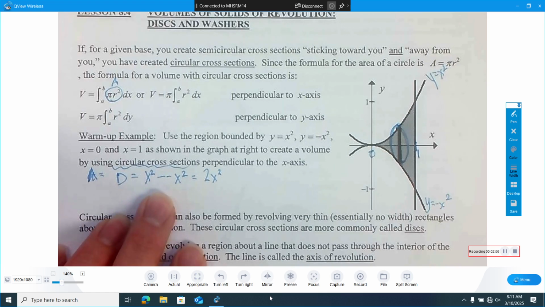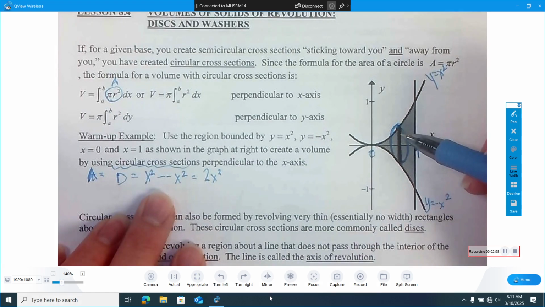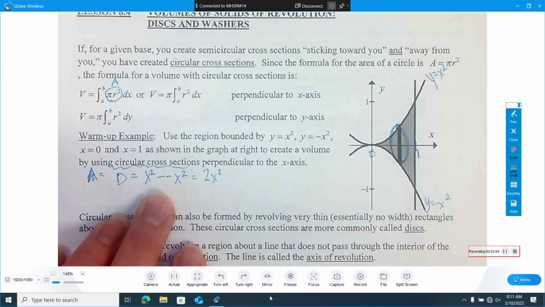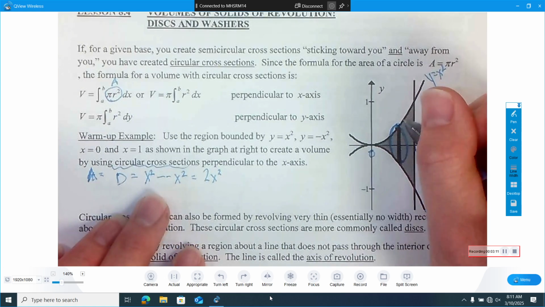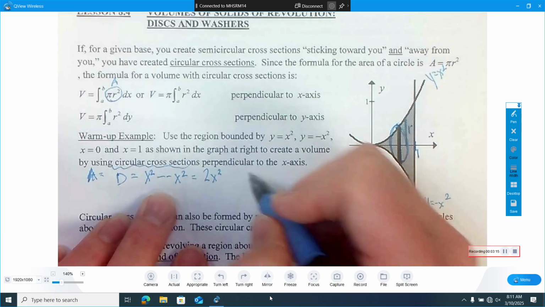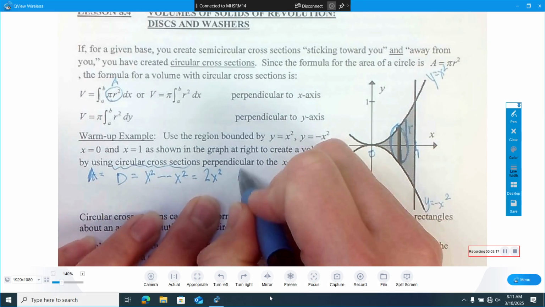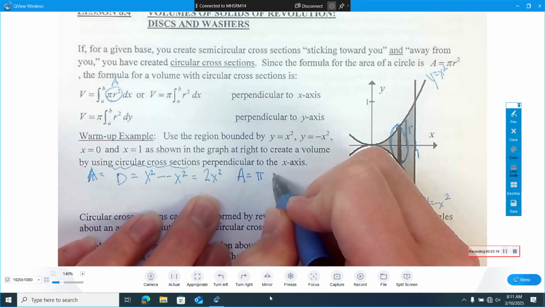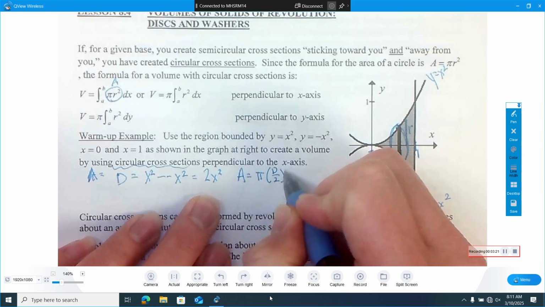But I actually want the area of the circle. So how are we going to find the area of the circle? Cut it in half, because we really need the radius. That's what we really need. So the area is pi times diameter over 2, squared.